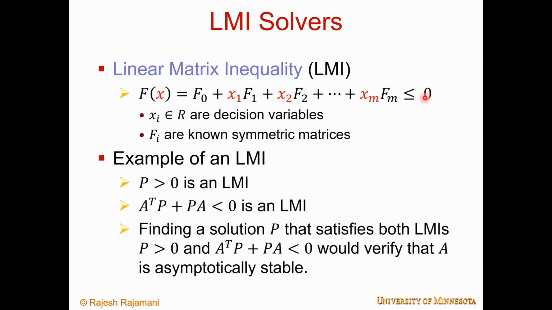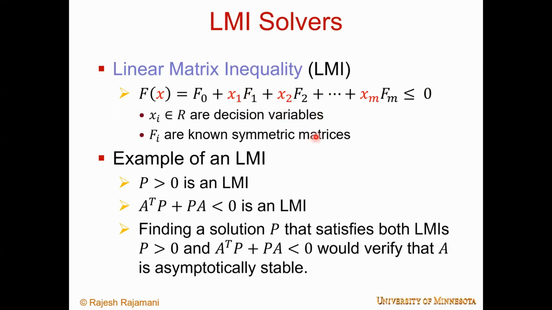So this is a linear matrix inequality. The x's, x1, x2 and so on, are the decision variables, the variables that we need to find. And the fi's, f0, f1, f2 and so on, are known symmetric matrices. For example, they could be the basis matrices for all symmetric matrices of size n by n.